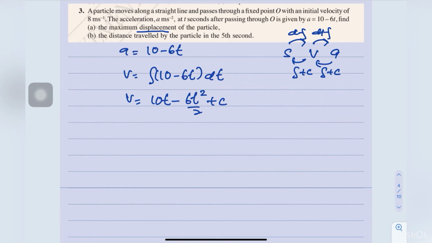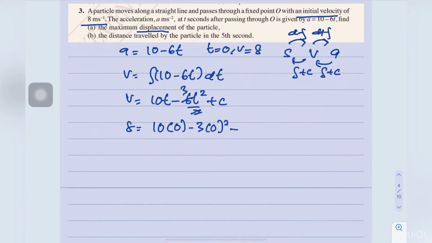Given initial velocity 8, when t equals 0, V equals 8. Substituting, 3 times 0 squared plus c, so c equals 8. Therefore V is 10t minus 3t squared plus 8.